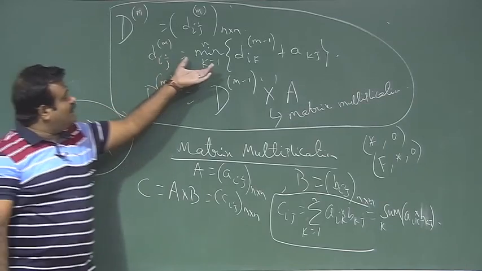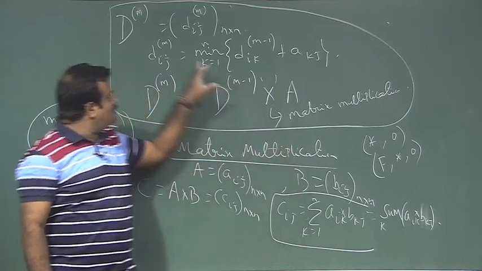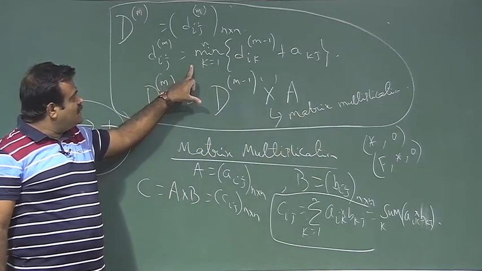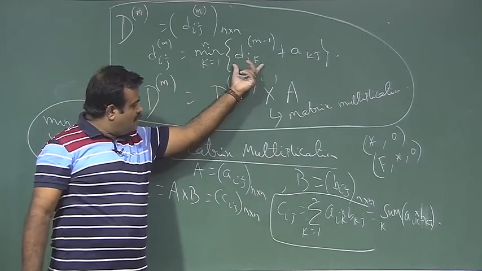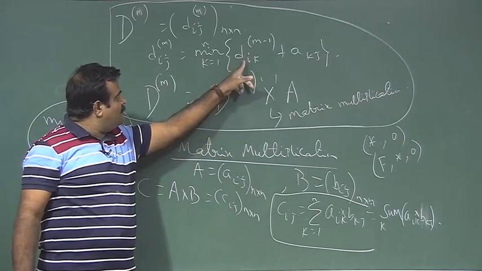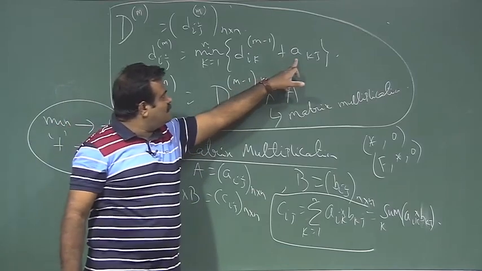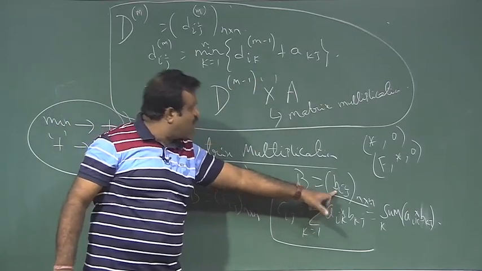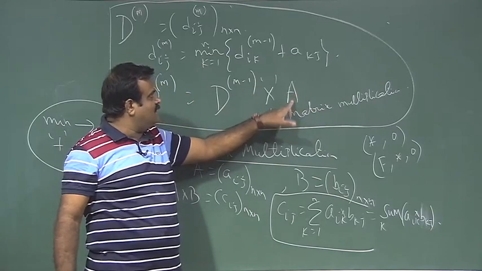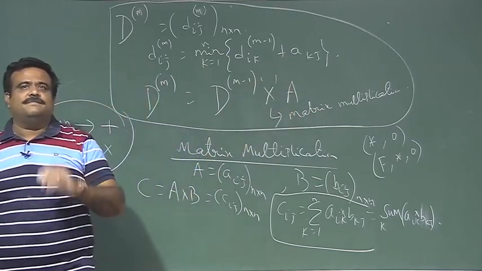This is nothing but a matrix multiplication when compared with the earlier expression. So, this is our A matrix, coming from D^(m-1), and this is our matrix compared to the B matrix, which is the adjacency matrix. That is the matrix multiplication.